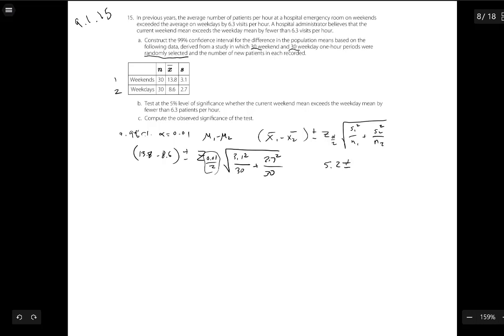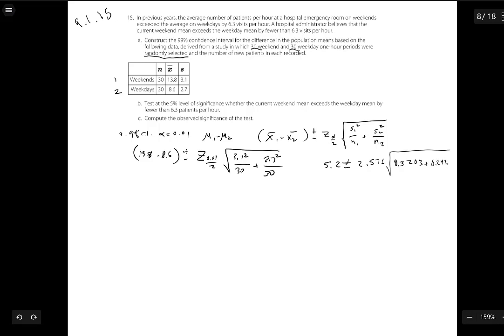So z at 0.005, we can look that up in the t distribution at t at 0.005 with infinite degrees of freedom, because that gives us the same as the normal distribution. We look that up, and that's 2.576. We have the square root of 3.1 squared divided by 30, which is 0.3203, plus 2.7 squared over 30, which is 0.243.